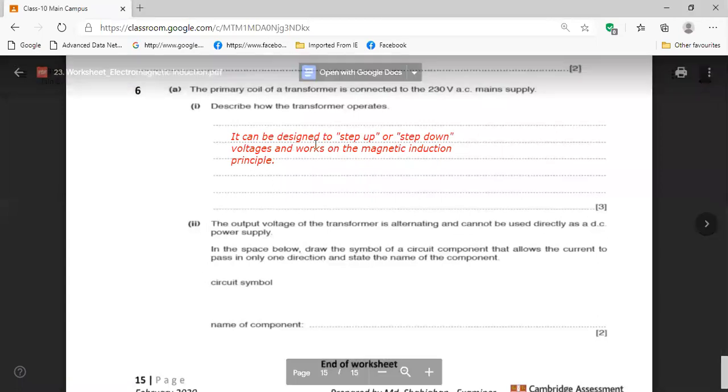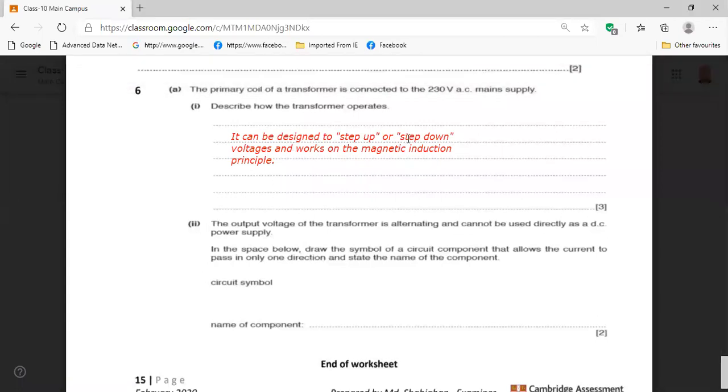It can be designed to step up or step down voltages and works on the magnetic induction principle.